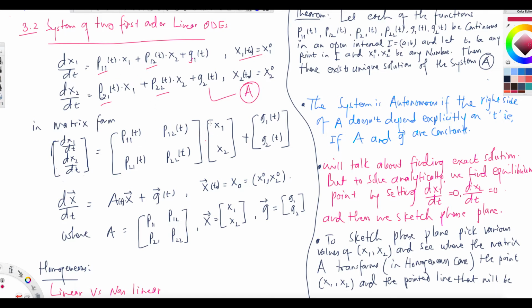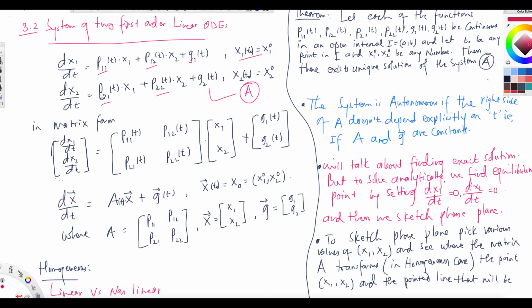How? p11(t) times x1 plus p12(t) times x2. Similarly, p21(t) times x1 plus p22(t) times x2. That's what you will get. And then plus g1 and then g2. That is the matrix of the separate terms, the terms without x1 and x2. Okay, guys. All right, so this is what you will get in the matrix form.